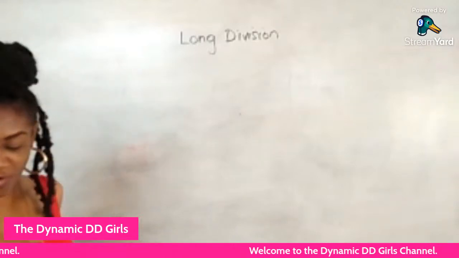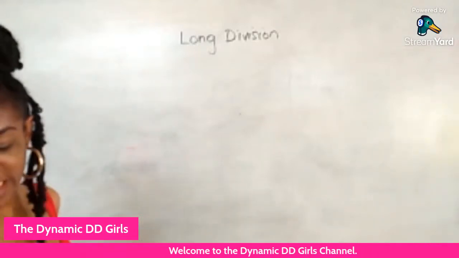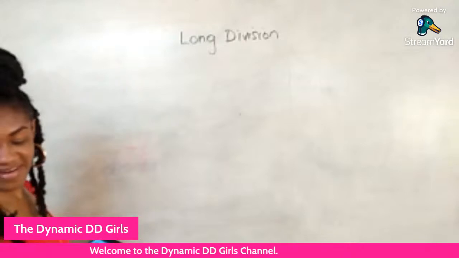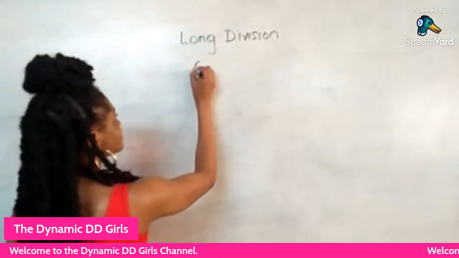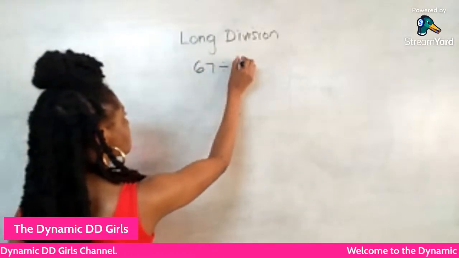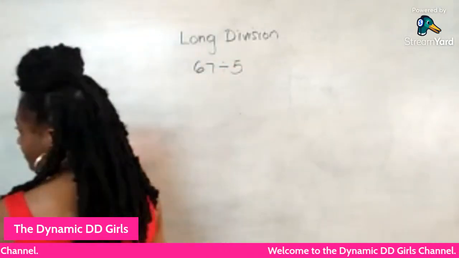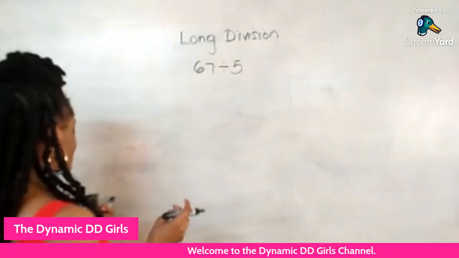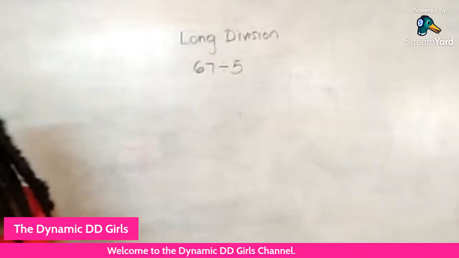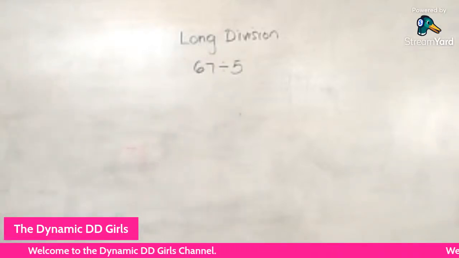And of course, the problem that we're going to be working is 67 divided by 5. And of course, we have to set it out.